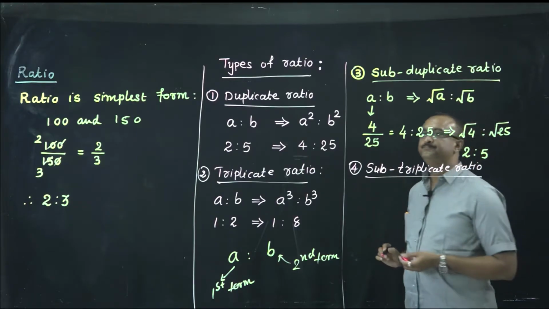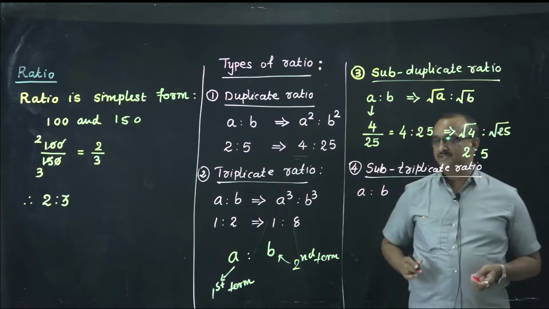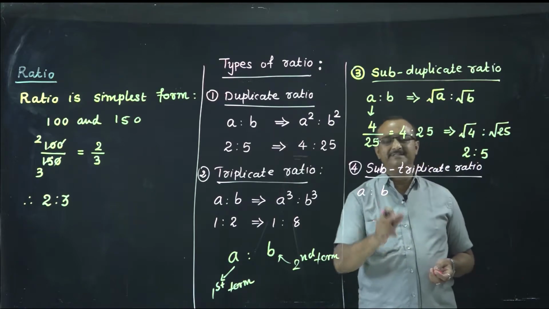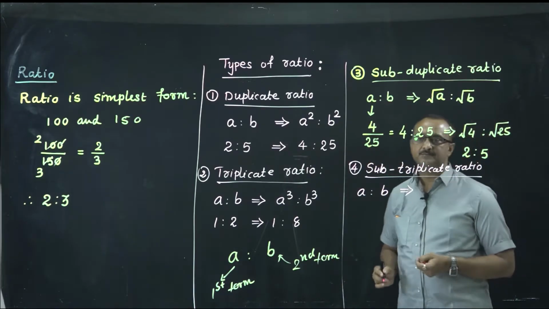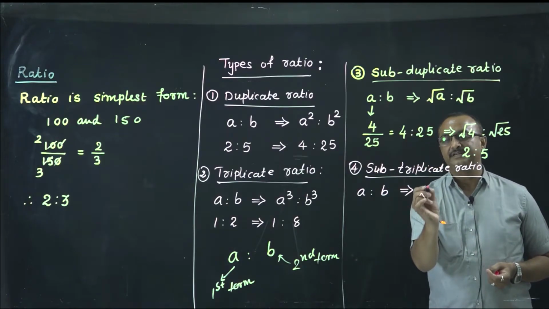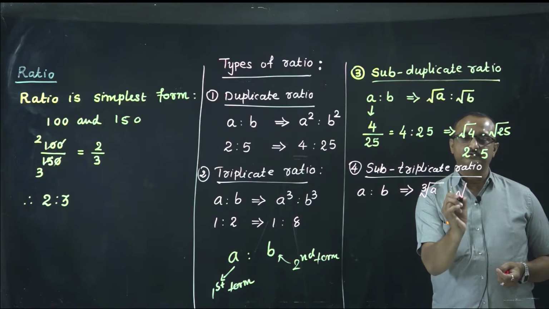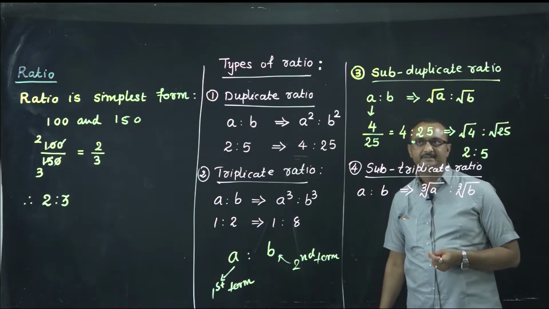Now, if A and B are two terms, again the first term is called antecedent and the second term is called consequent. If A and B are two terms, the subtriplicate ratio is the third root of A is to the third root of B. It is called subtriplicate ratio.